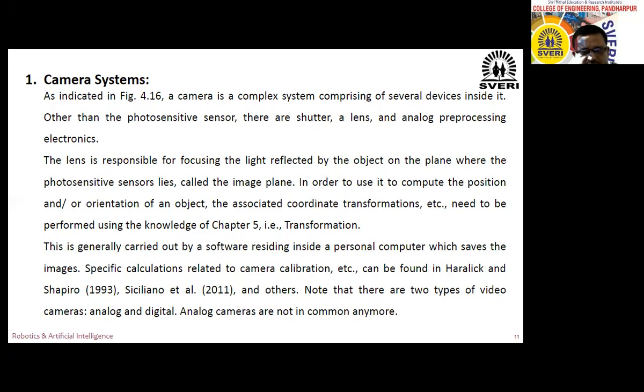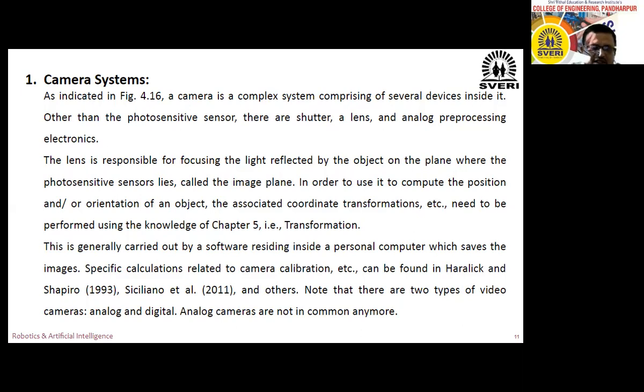The lens is responsible for focusing the light reflected by the object on the plane where the photosensitive sensor lies, called the image plane. In order to use it to compute the position and or orientation of an object, the associated coordinate transformations etc. need to be performed using the knowledge of chapter 5, that is transformation.